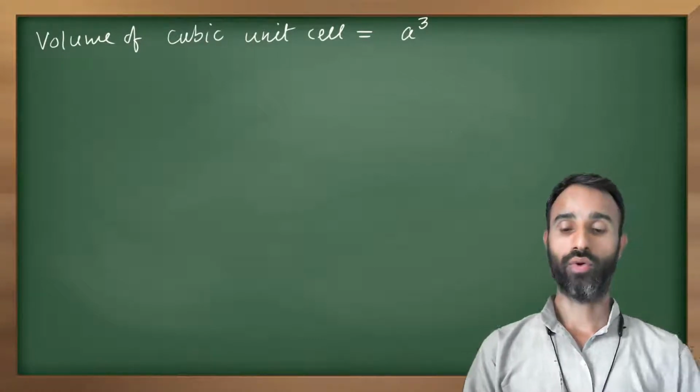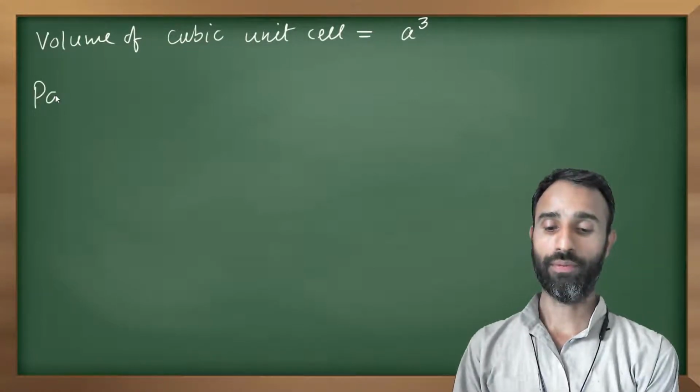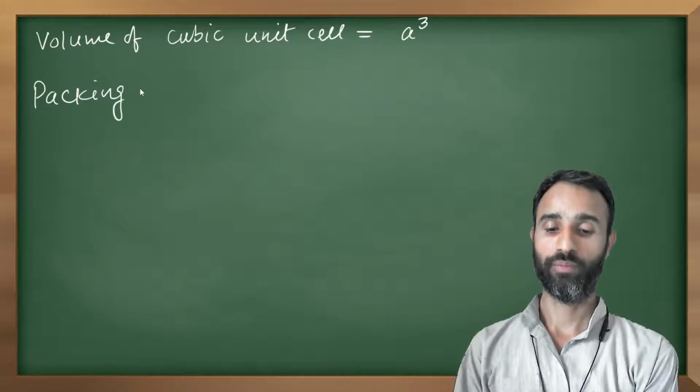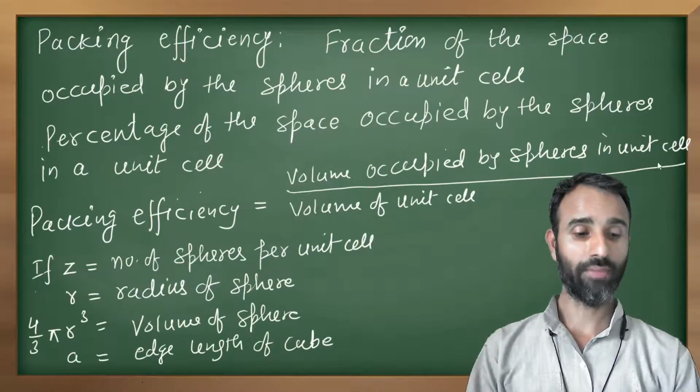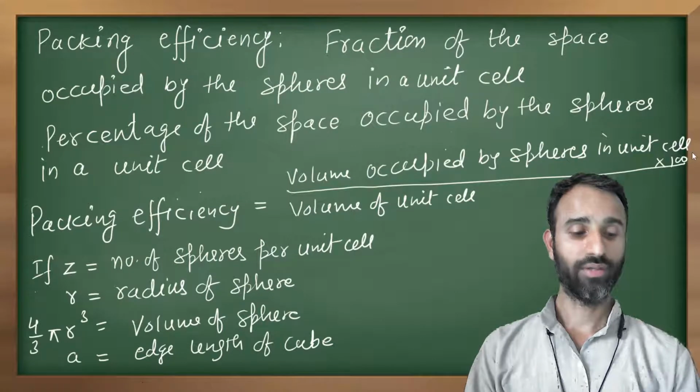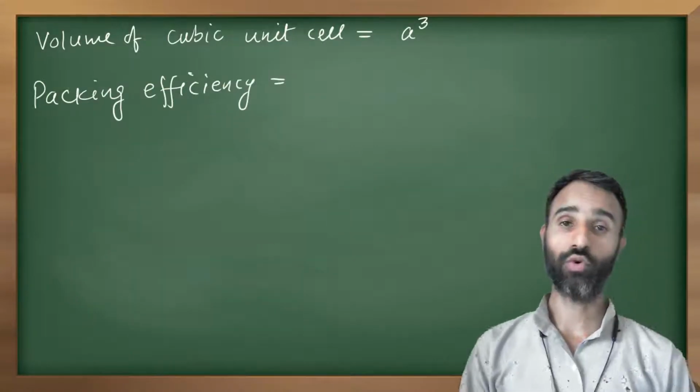Right. So now packing efficiency is equal to, and it should be multiplied by 100 as well, to calculate the percentage of the space occupied.